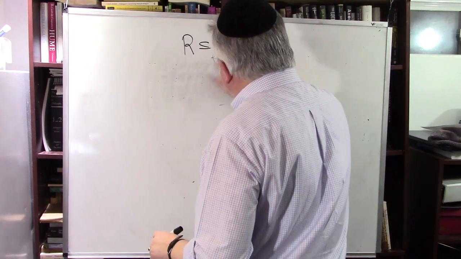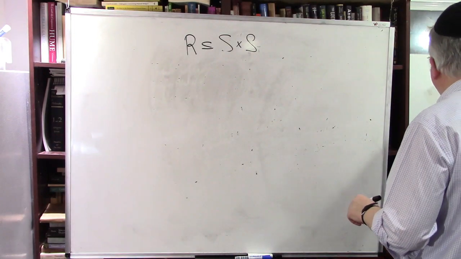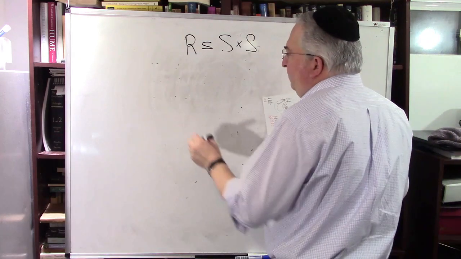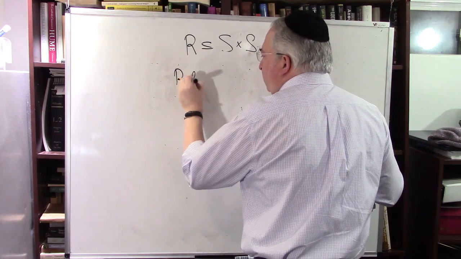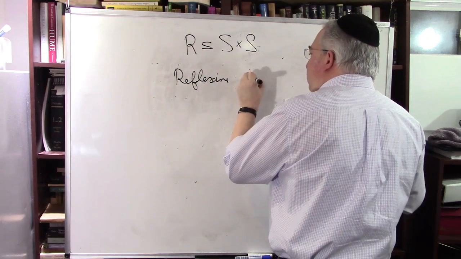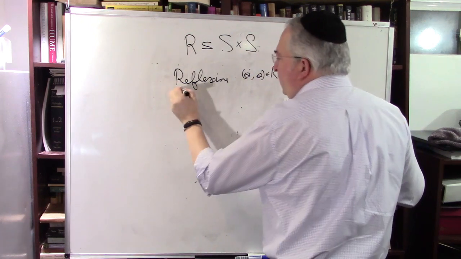But I want to talk about different properties of this. Well, let's go through some of those properties. We've seen them before. Reflexive. What does that mean? It means for all S, S comma S is a member of R. Everything is related to itself. Symmetric.